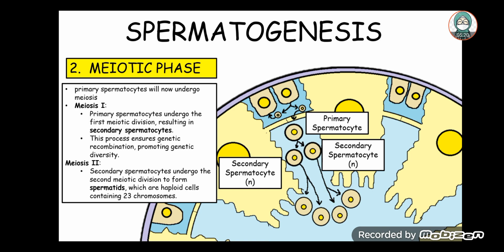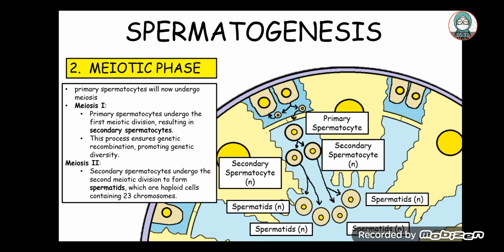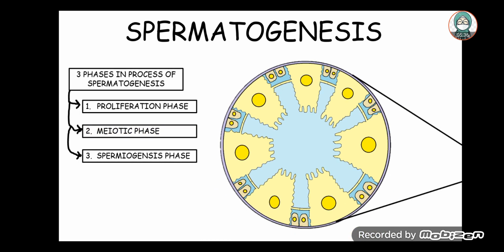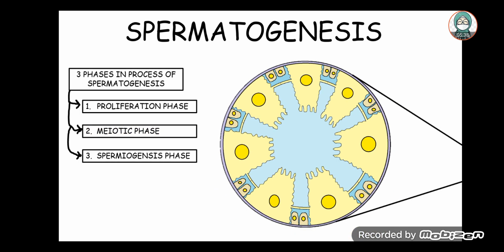After the secondary spermatocytes are formed, meiosis 2 follows, in which secondary spermatocytes convert into spermatids, which are also haploid and contain 23 chromosomes each. So at the end of the meiotic phase, four spermatids are formed from one primary spermatocyte.